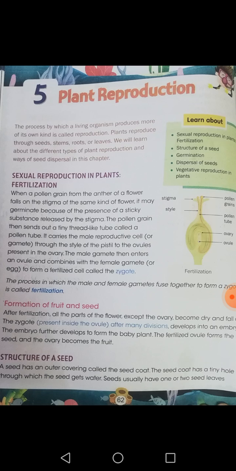Yes, inside the seed a small plant is there, that is the baby plant, which will become bigger in size to convert into a plant, right. That baby plant is protected from harsh conditions by the seed coat.